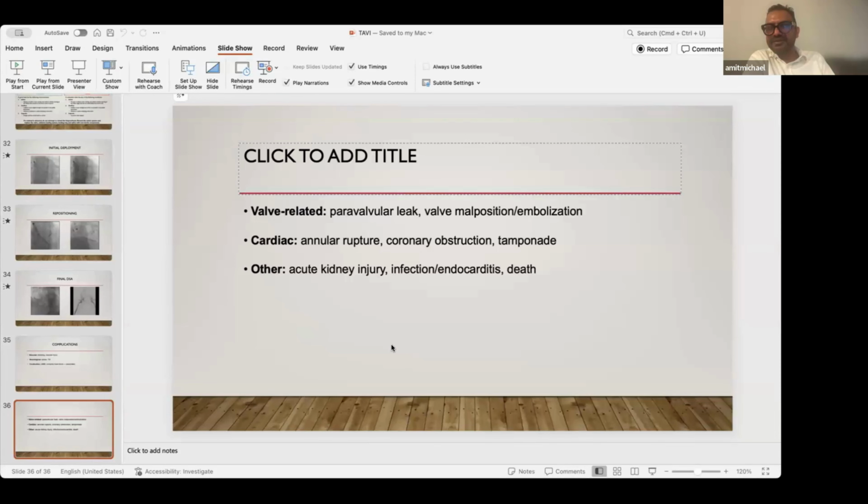But the assessment is a bit more complicated because they are at higher risk of coronary obstruction. When you're putting a new valve inside a bioprosthetic valve, you're pushing the leaflets of that bioprosthetic valve outwards, which can obstruct the coronary.